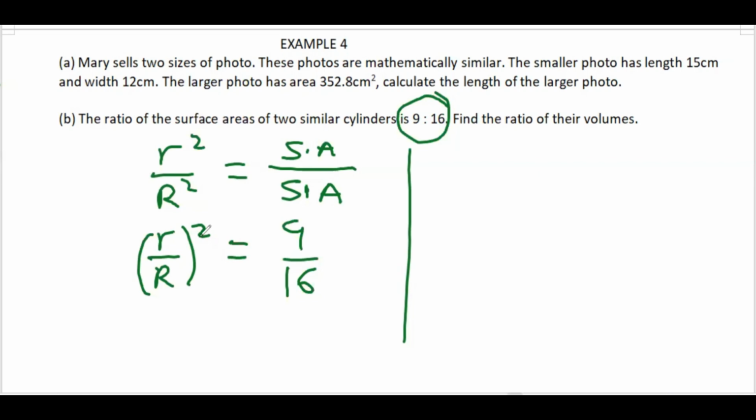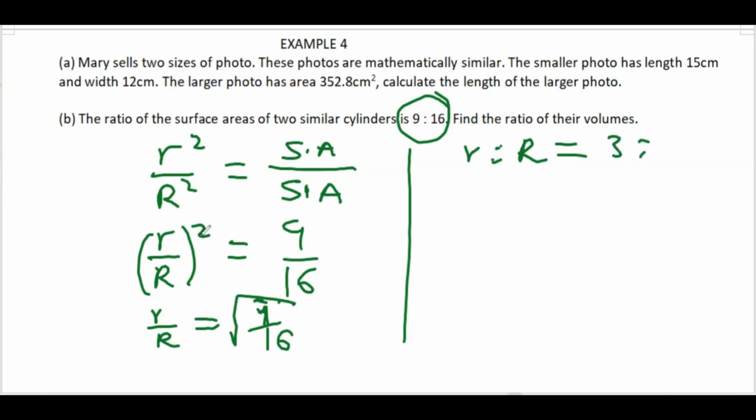So we now have r ratio big R becomes square root of 9/16. And that means the ratio of the radii in the first place is 3:4.